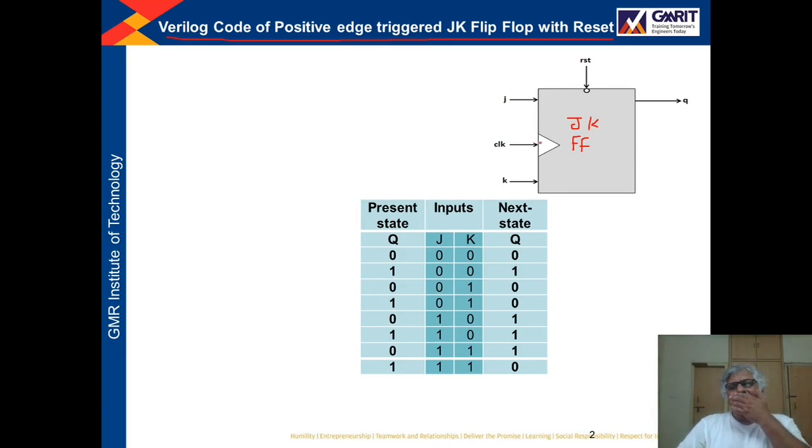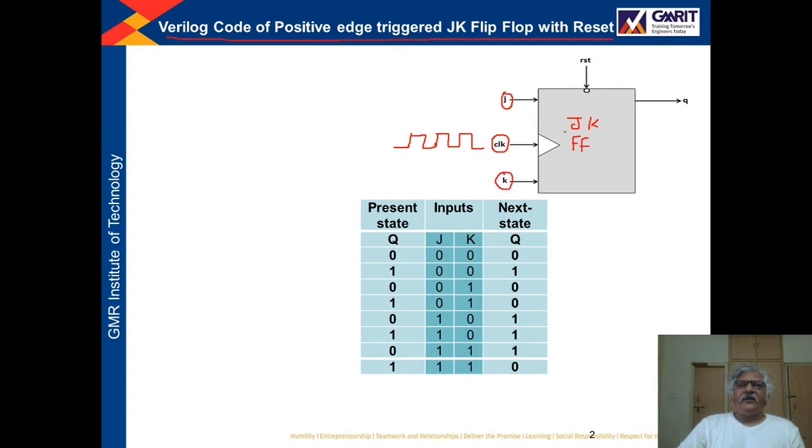If there is no bubble, this indicates it is a positive edge triggered flip-flop. So there is one input CLK, from which the clocks will be provided for this JK flip-flop.